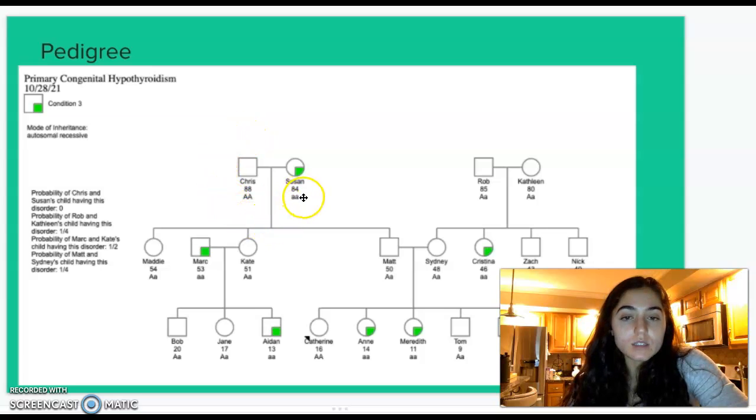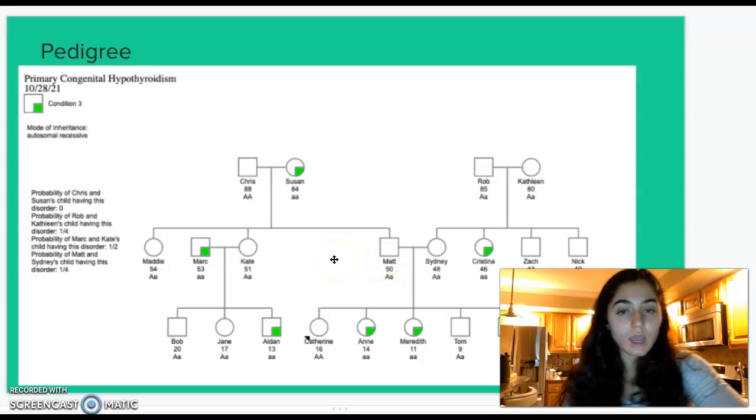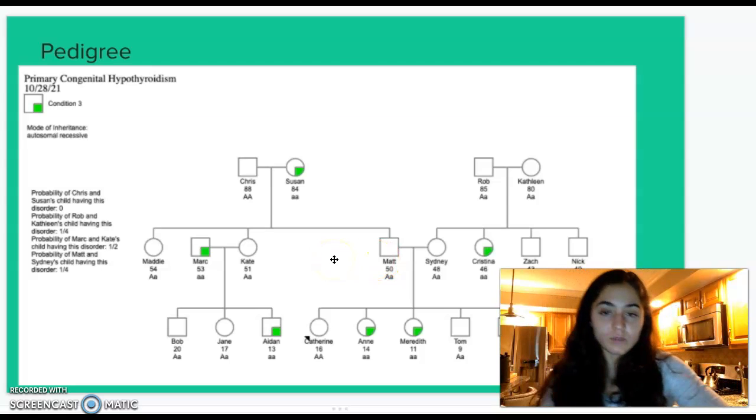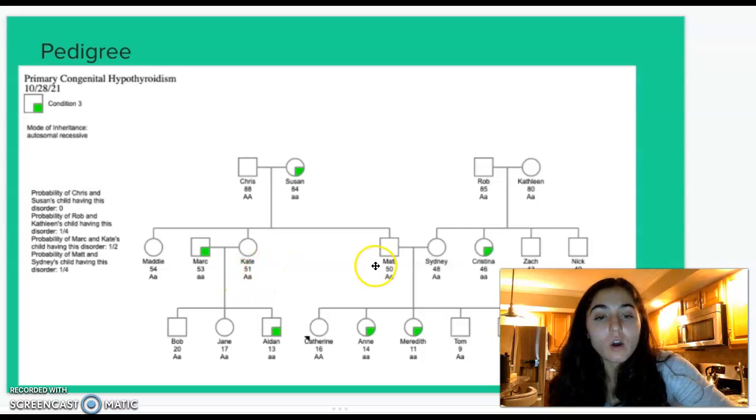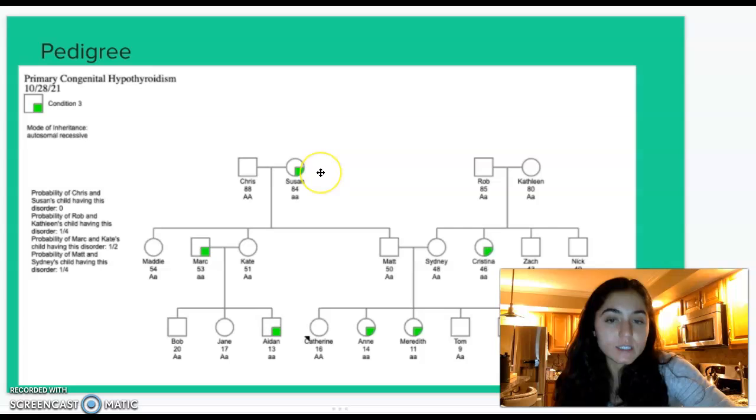But because the parent that has two dominant alleles will give the dominant allele to each of their offspring, none of the offspring will show that they have the disease. None of them will develop it. But they are going to become carriers because of their parent that is afflicted with this disorder and can only pass on recessive alleles.